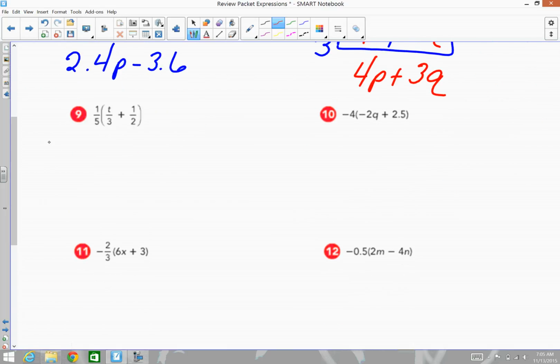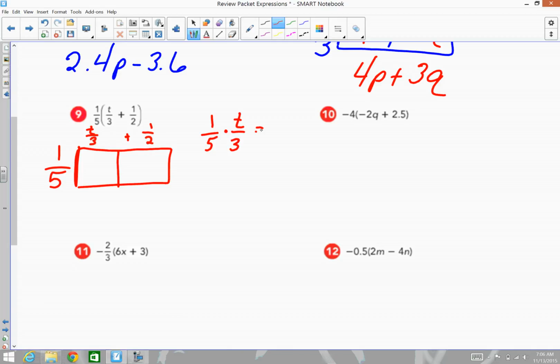Number 9, 1/5 on the side, t over 3 plus 1/2. Again, I would do work off to the side. 1/5 times t over 3. 1 times t is t, and 5 times 3 is 15.